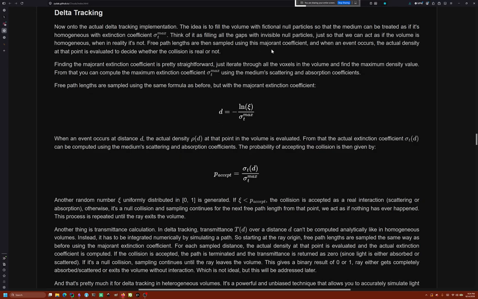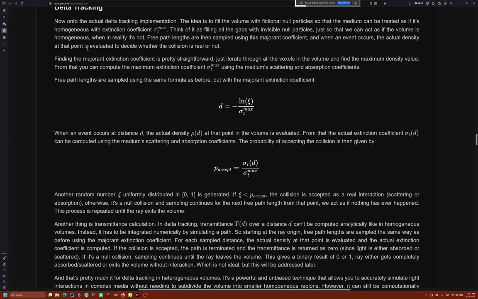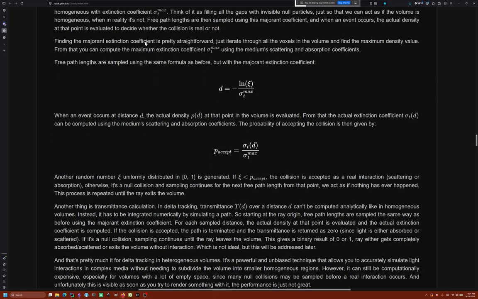Think of it as filling the gaps with invisible null particles, so that we can just act as if the volume is homogeneous when in reality it's not. So free path lengths are sampled using this majorant coefficient. And when an event occurs, the actual density at that point is evaluated to determine whether or not it's a real collision or if you collided with a null particle.